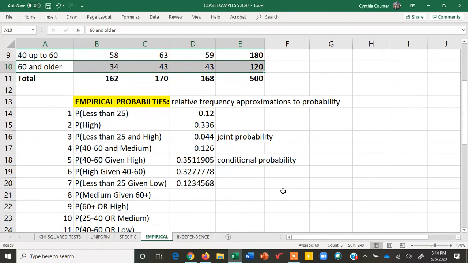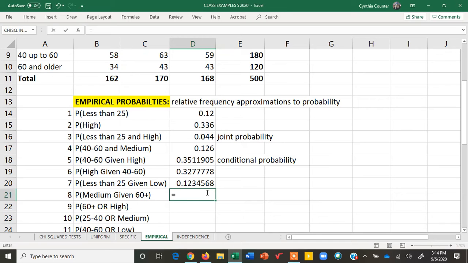So the probability here is the 43 60 and older individuals, of which there are 120, who reported medium job pressure. So C10 out of E10, 0.3583.